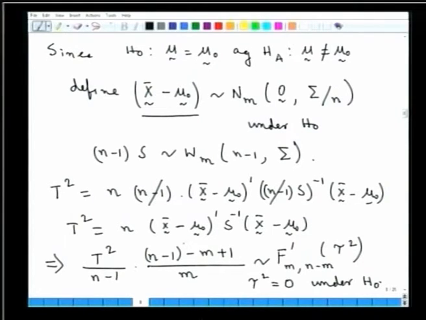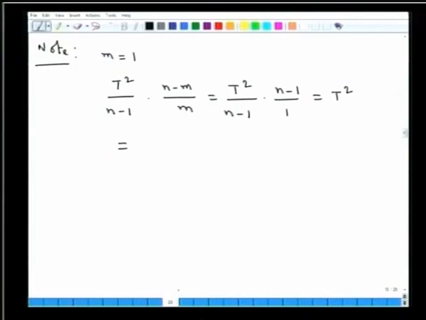Now we have m equal to 1, so x bar minus mu naught is a scalar quantity, and S is the sample variance covariance matrix. If we have a univariate distribution, then this is just the sample variance. So t square is n times x bar minus mu naught whole square divided by S square, where S square is the sample variance.